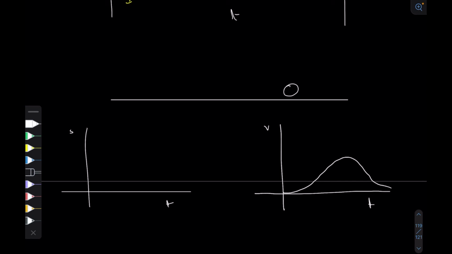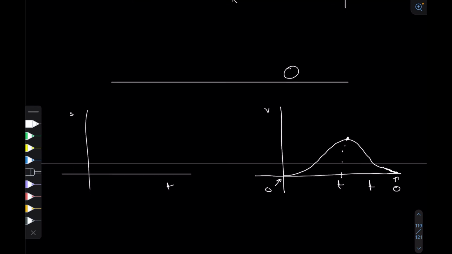At some time t, it has reached a maximum value, and initially at time t equals 0 its value was 0, and at the final stage its velocity is also 0.